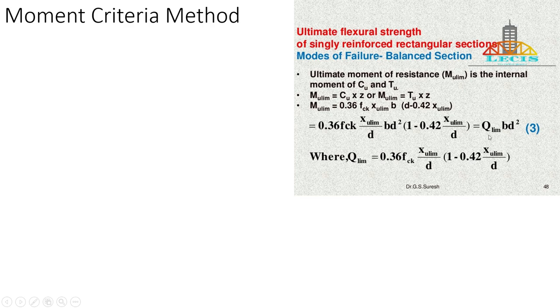The formula for Q limit is 0.36 times fck times xu limit divided by d, into 1 minus 0.42 times xu limit divided by d. This formula is given in the IS code, that is IS 456-2000, and you can find it in various textbooks also.